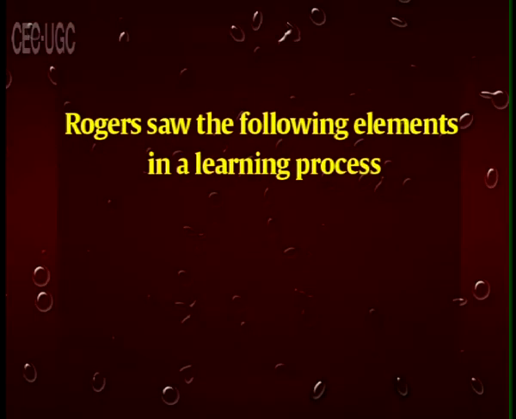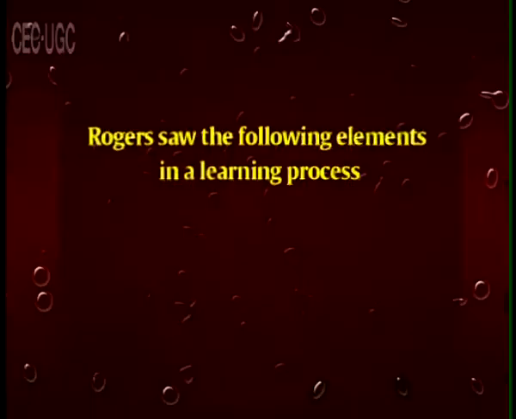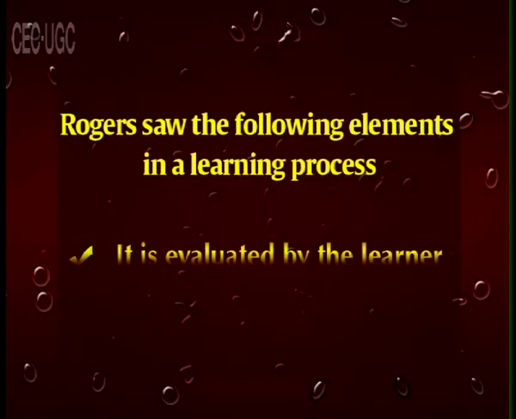Number three, learning is pervasive. That means learning makes a difference in the behavior and attitudes and in the whole personality of the learner. And there is the fourth one: learning is evaluated by the learner. The locus of evaluation resides definitely with the learner. It is the learner who knows whether the learning act meets his or her felt needs or not.